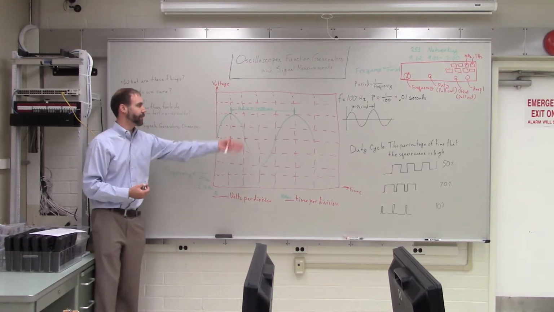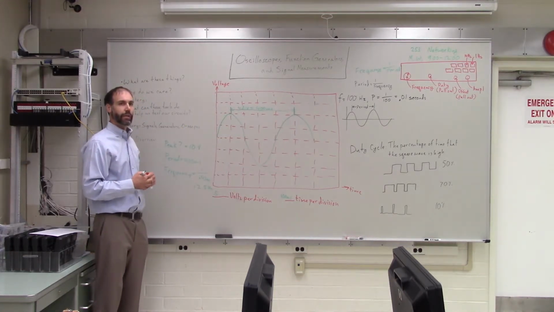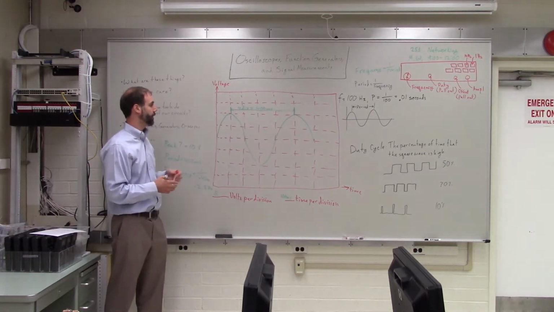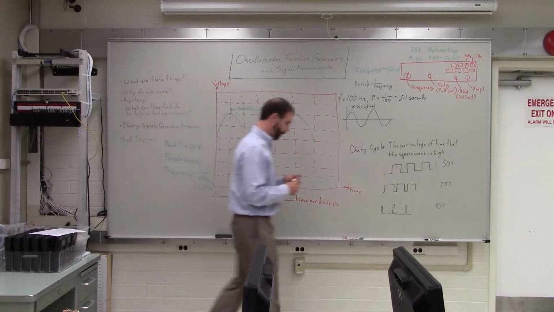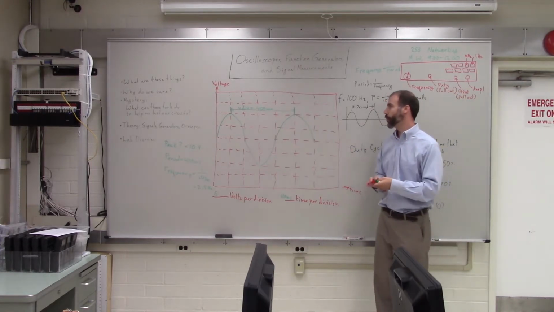So this wave repeats 2.5 times every second. So we can figure all that out just by looking at the graph. There's a whole lot we can do just by eyeballing it, and we can get pretty good approximations.